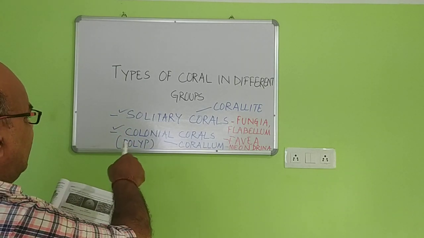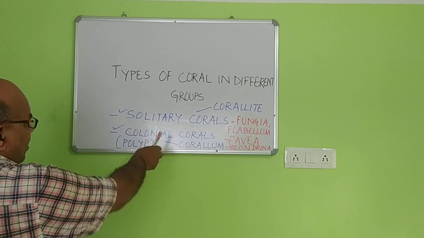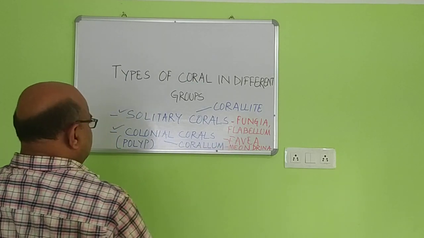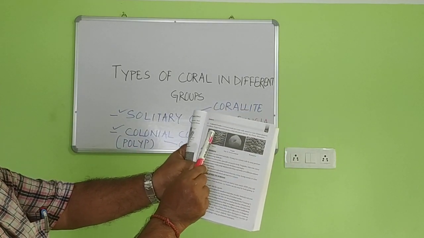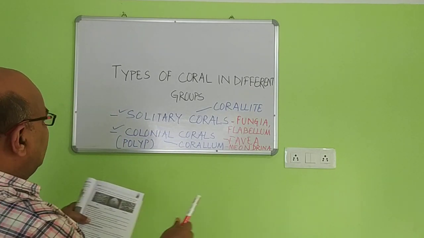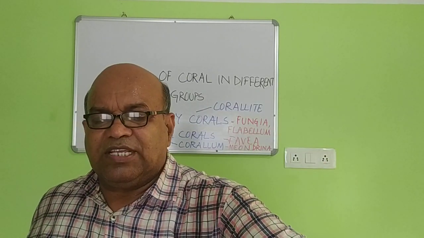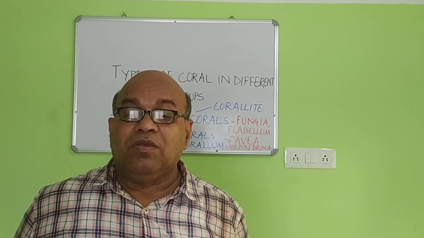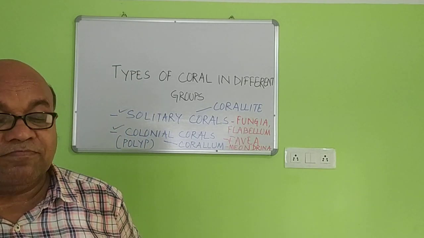You mark here, the colonial corals comprise species, for example Favia. This is the example of colonial corals, but Fungia is the example of solitary corals. In this manner you find 5 types of corals in the sea water.